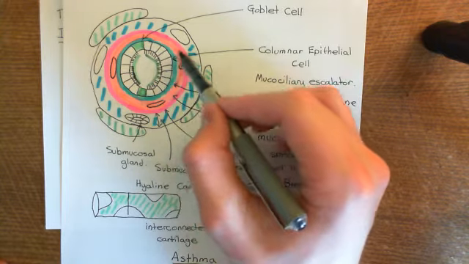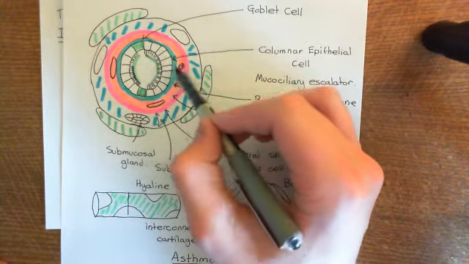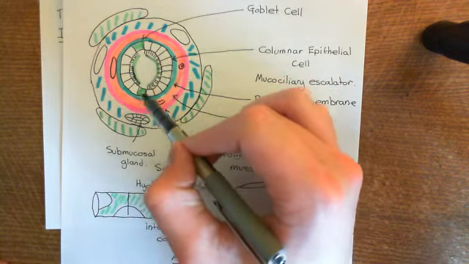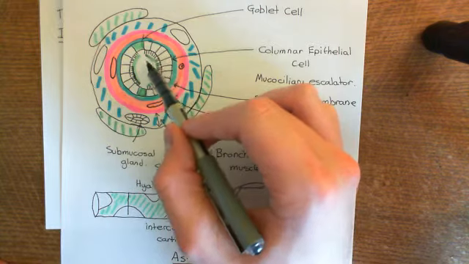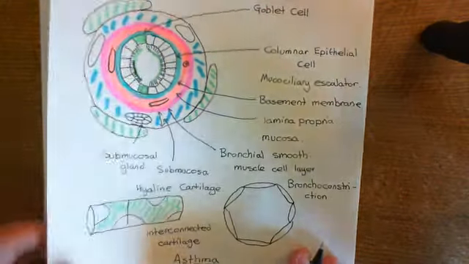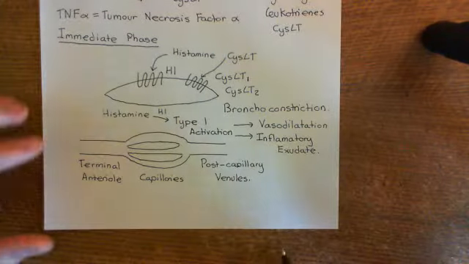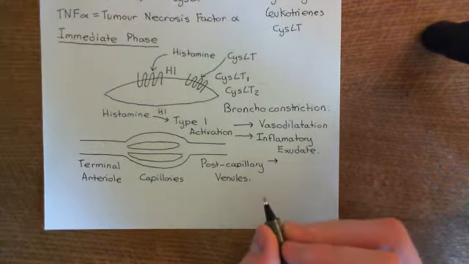So the smooth muscle cell layer here in vivid purple has contracted, and now also the lamina propria is swelling. So both of these things are going to lead to the constriction of the actual airway here and obstruct the flow of air through that. In addition, you're also going to get leukocyte recruitment from the blood.